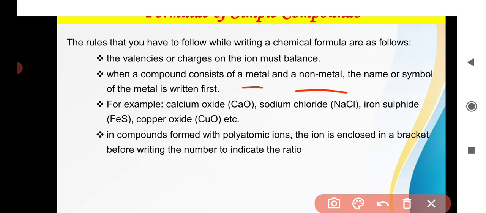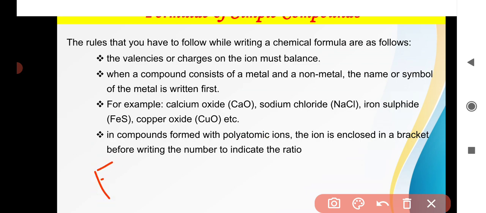Also, in compounds formed by polyatomic ions, as we have seen in the case of phosphate, the ion is enclosed in brackets before writing the number to indicate the ratio. For example, if it is combined in a ratio of 4, then it is written like this.